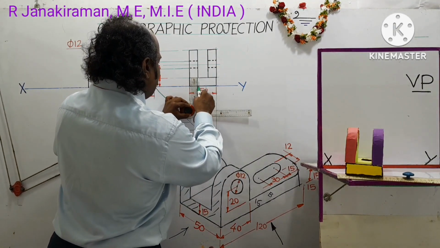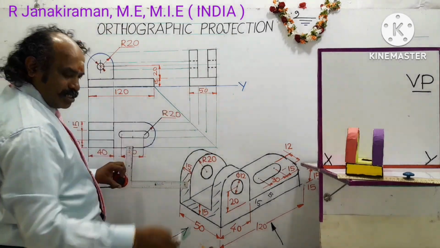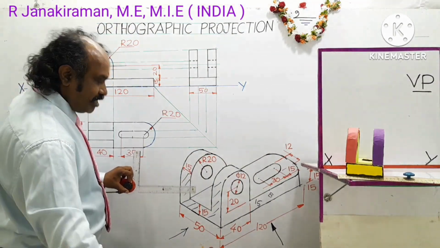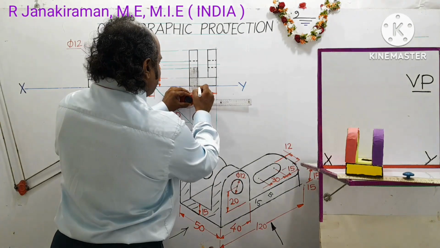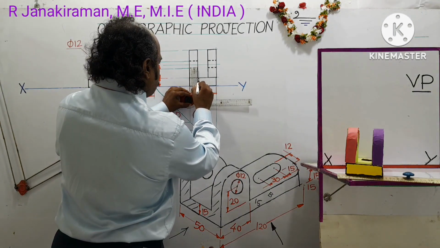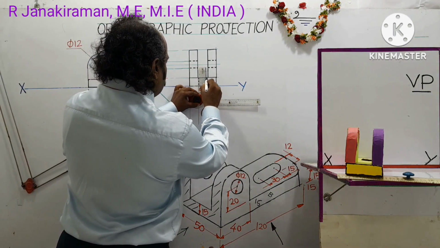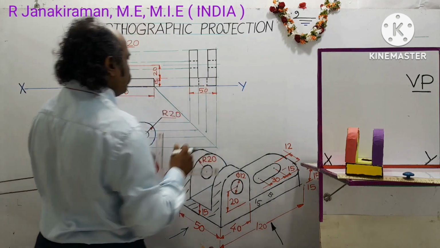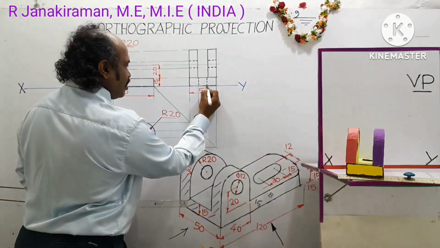Where it intersects with the base part of the object, there you draw a dashed line showing the hidden passage on the base of the object. Okay, so this completes the side view, called the left side view.